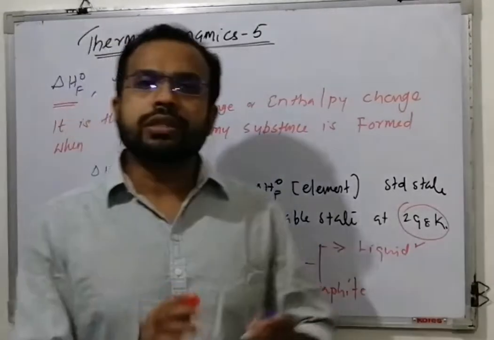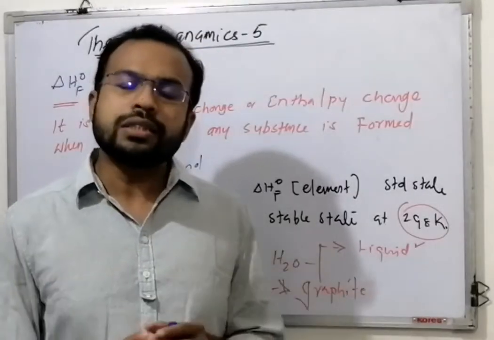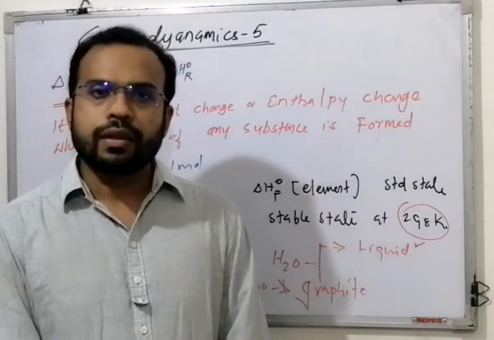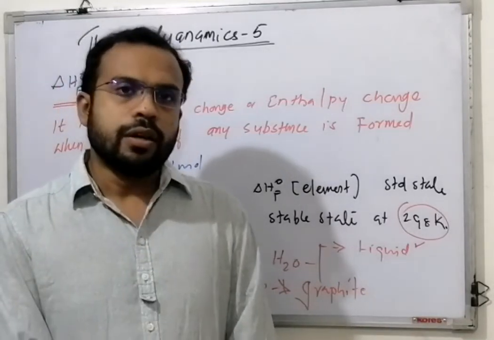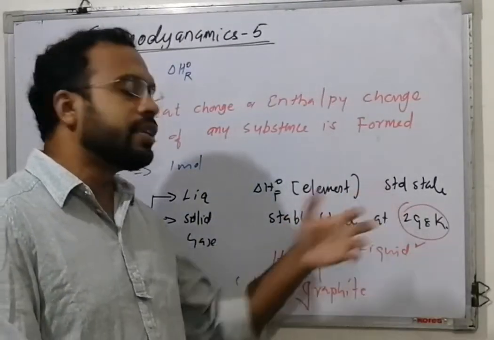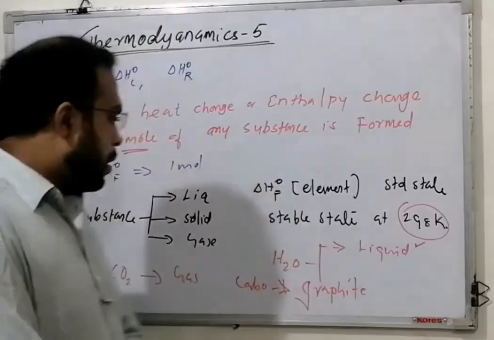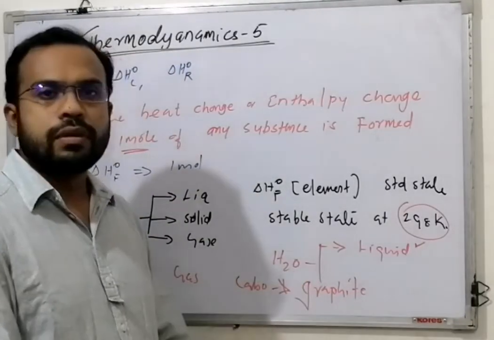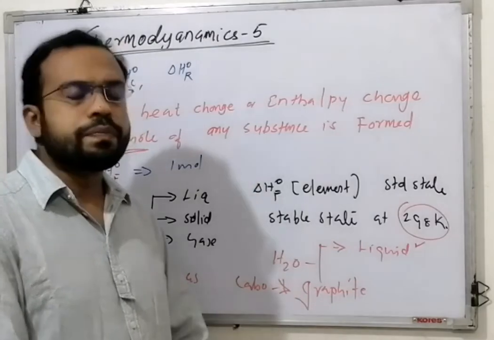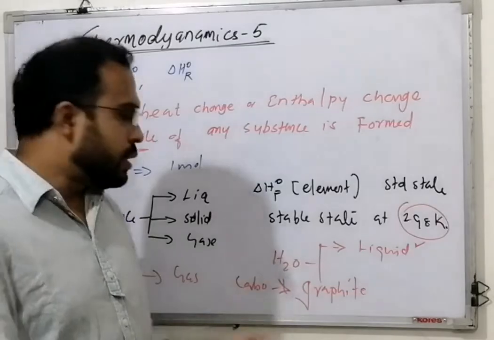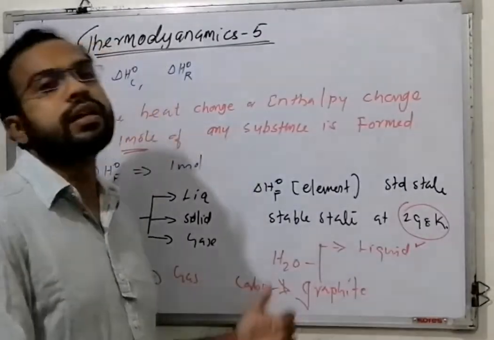If a substance can exist in different forms in the solid state, the most stable state is the standard state. Therefore, carbon has graphite form and diamond form, fullerene forms, different forms, but the standard state is graphite.